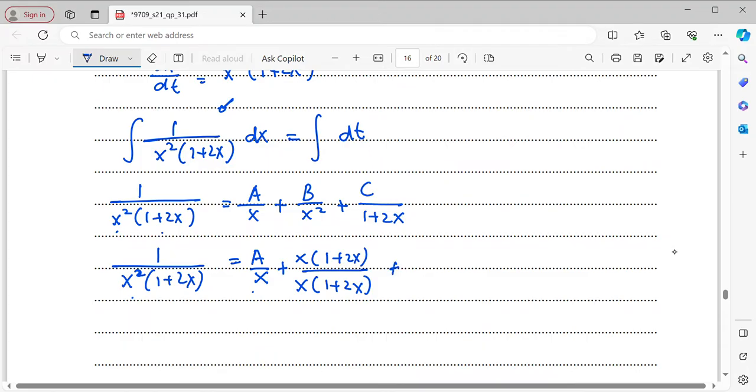So for the second term, you have x squared. Already have x squared, just times with 1 plus 2x.